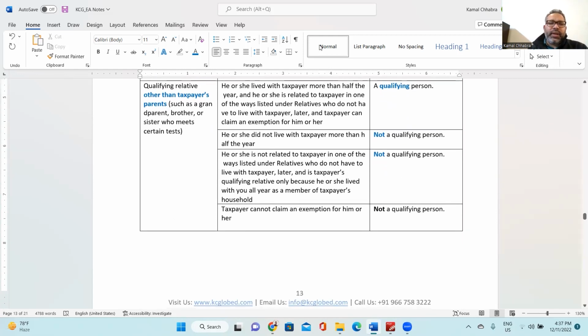Next is a qualifying relative other than the taxpayer's parents, such as grandparents, brother, sister, who meet certain tests.